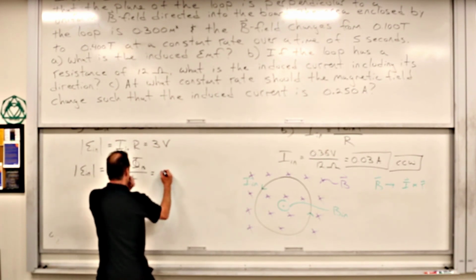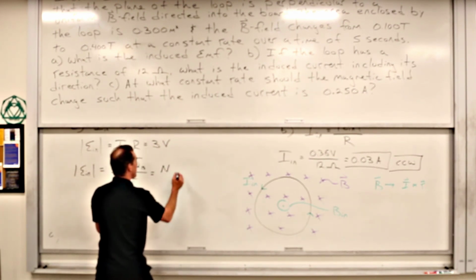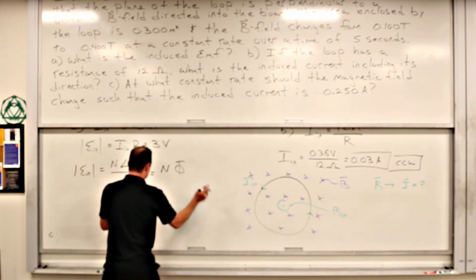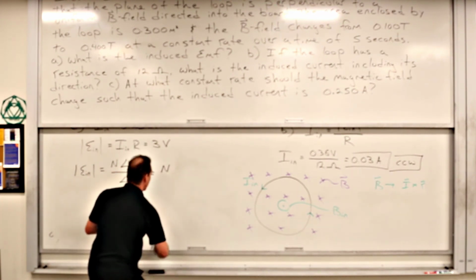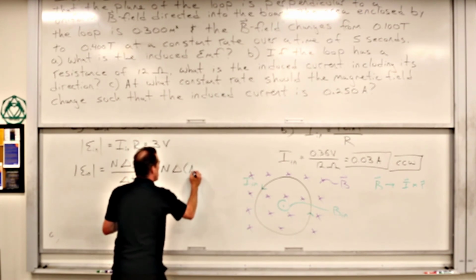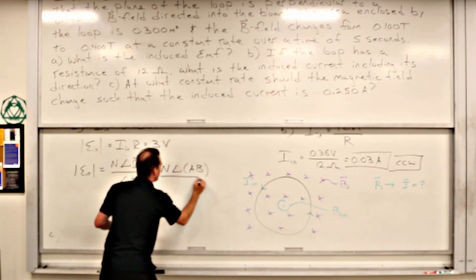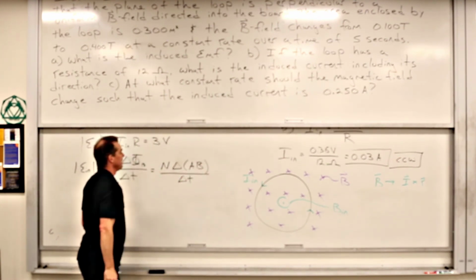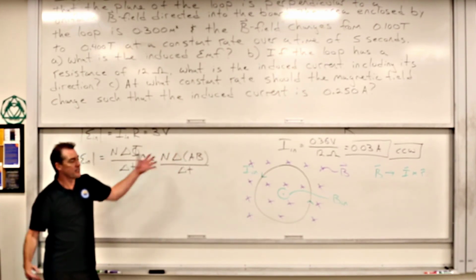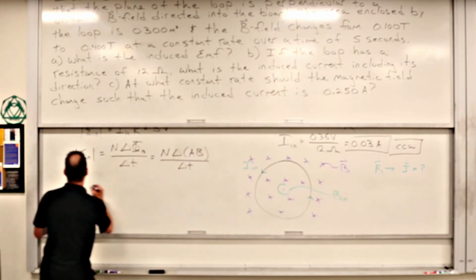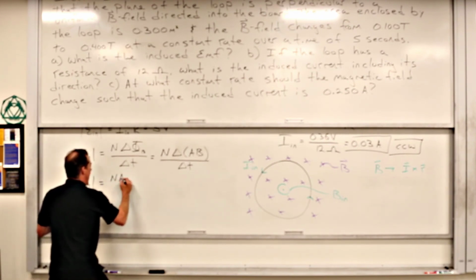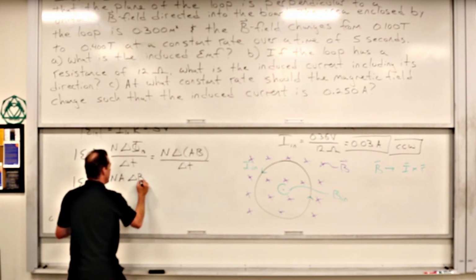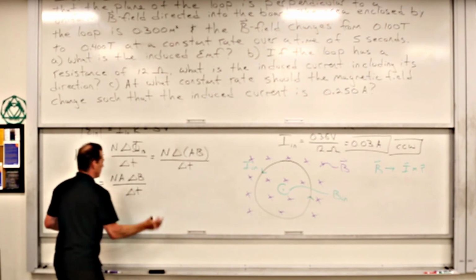We've got that this can be equal to N times delta AB over delta T, and we're not changing the area of this, so A is a constant. We can write this then as E induced is equal to NA times delta B over delta T.